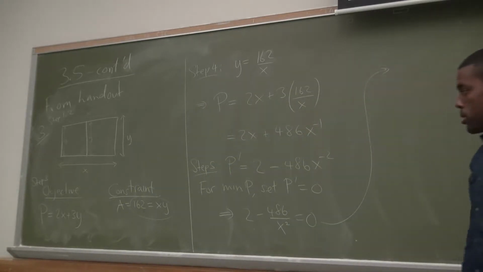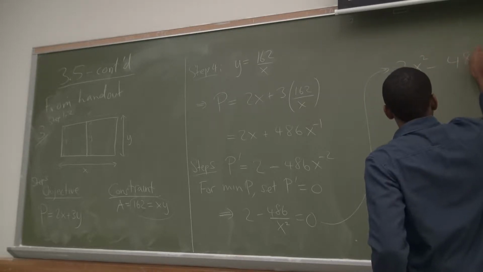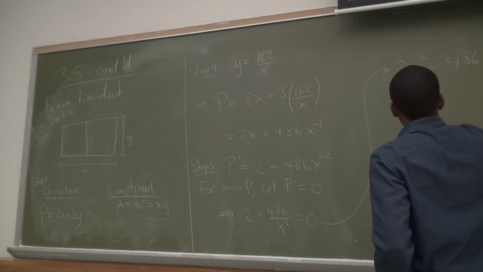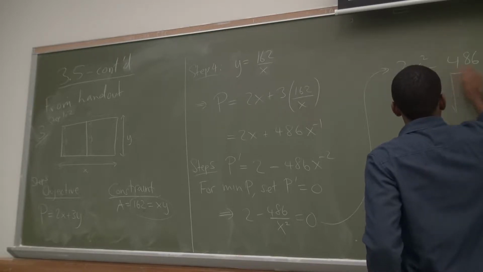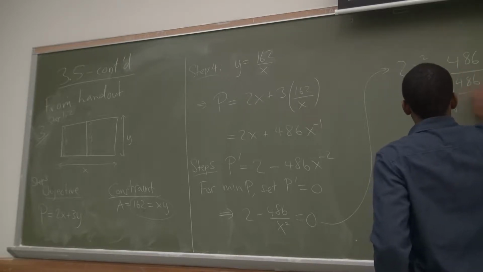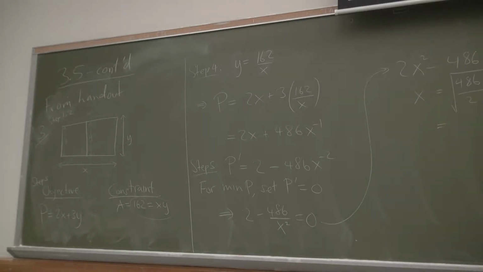I can multiply both sides by x squared. And so x would be the square root, which is what? Is that a nice number? Square root of what? Is that a nice number?